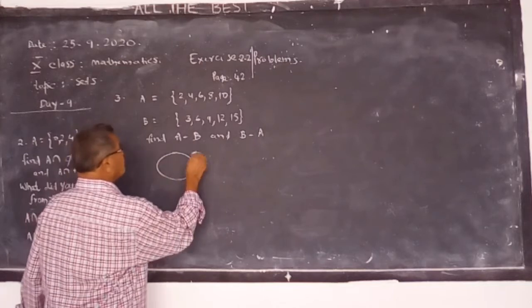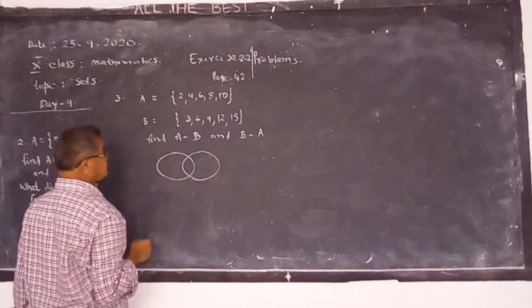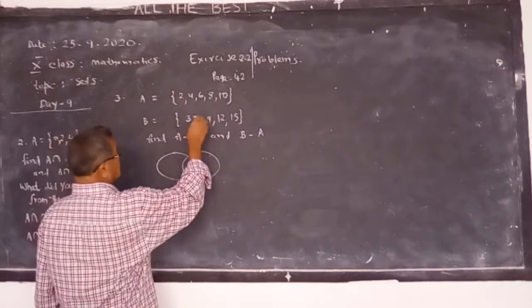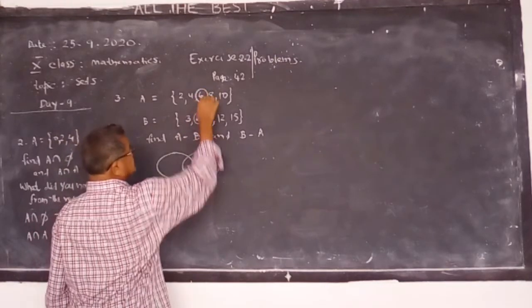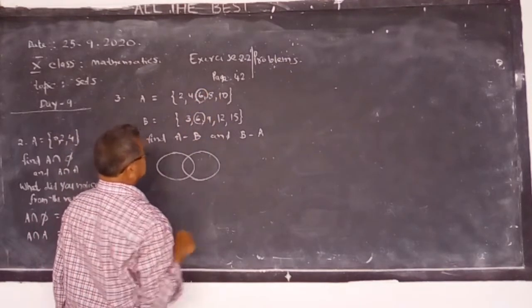Venn diagram. What are the common elements? 6. Only 6.